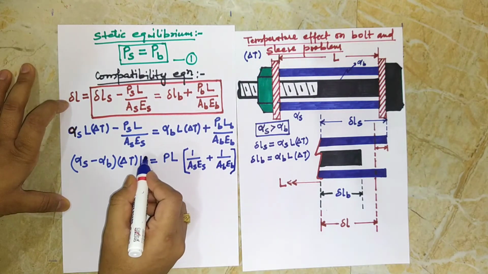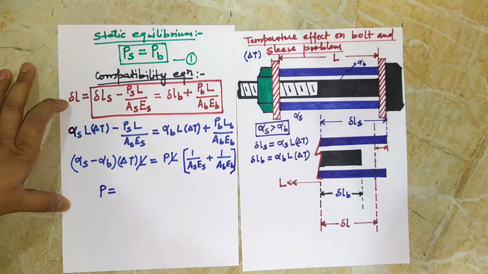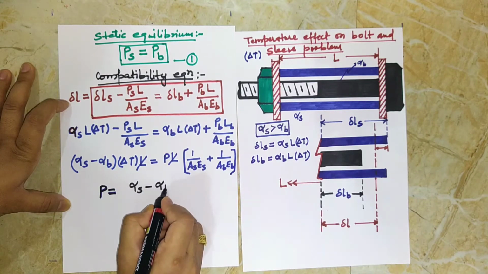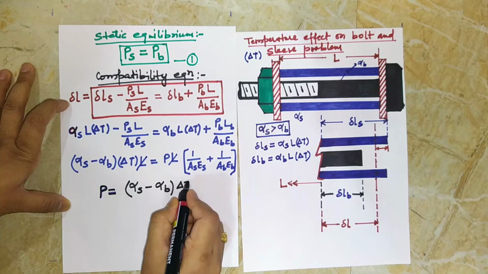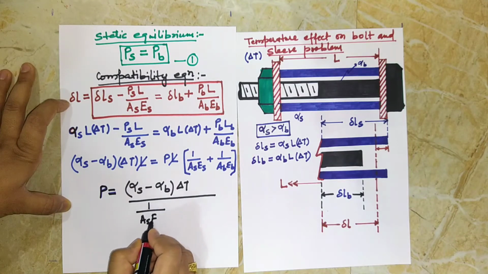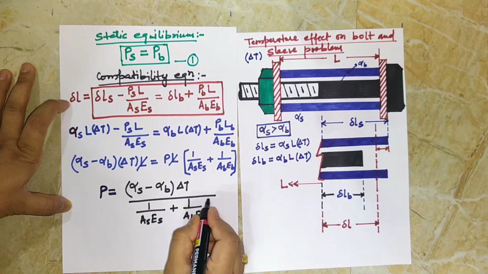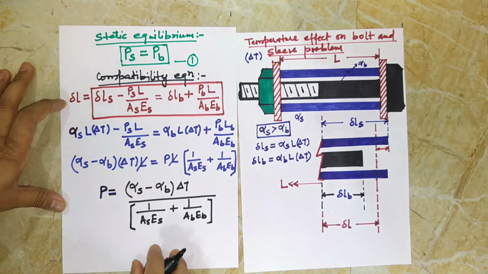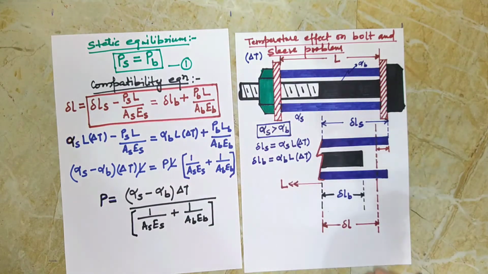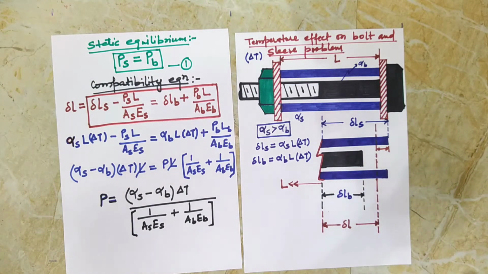So we can cancel L on either side, and P can be written, I'll write with the black pen to differentiate, as alpha S minus alpha B into del T divided by 1 by AS ES plus 1 by AB EB. So this much load the stopper has to apply on the bolt and the sleeve to hold them together, not allowing the bolt and sleeve assembly to expand freely.